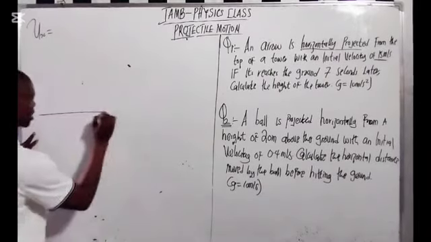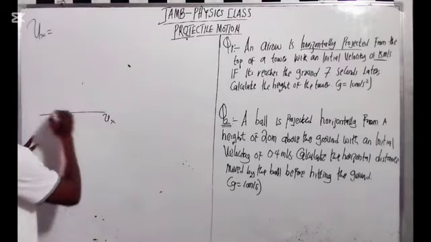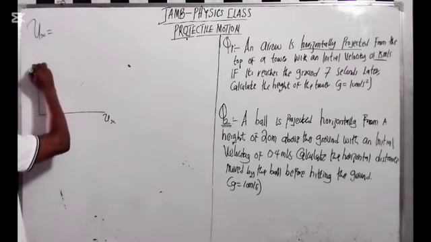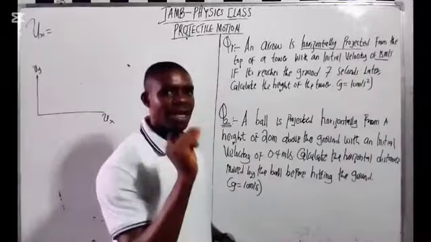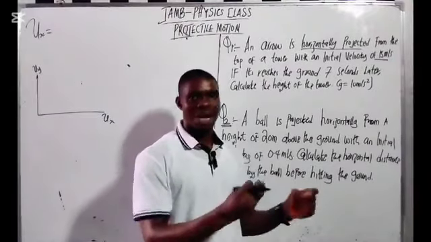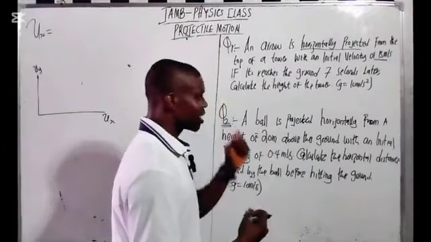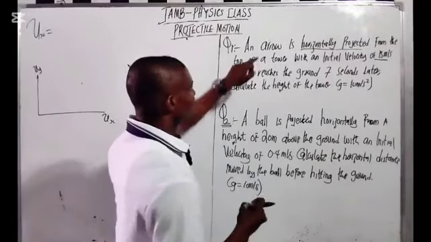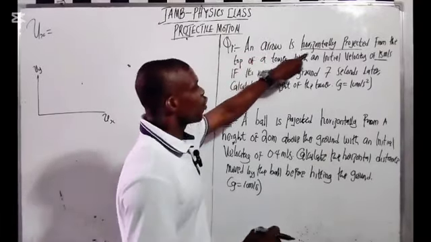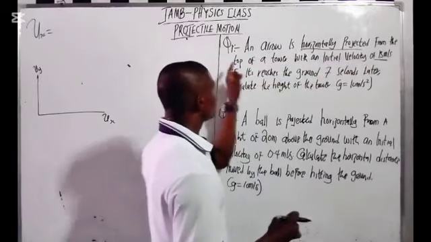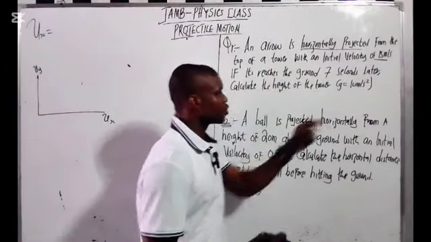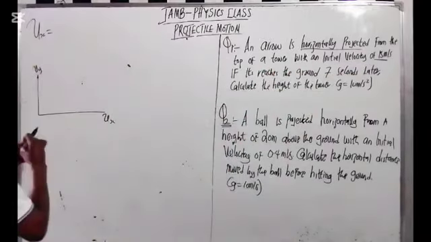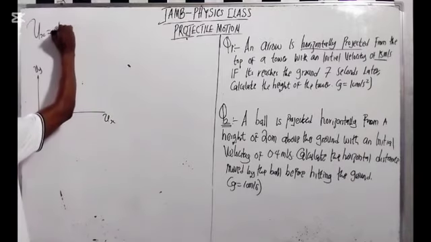Remember here we have the horizontal velocity, which was U x, and the vertical velocity U y, right? So therefore the velocity given to you, is it horizontal or vertical? It is horizontal. How do you know it is horizontal? It is: an arrow is horizontally projected from the top of a tower with an initial velocity of 15 meters per second.